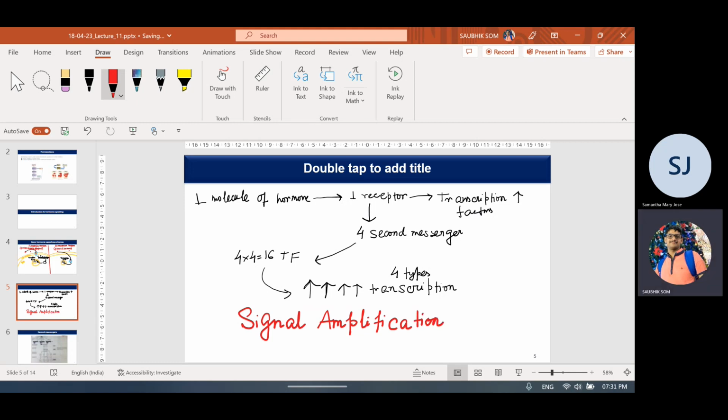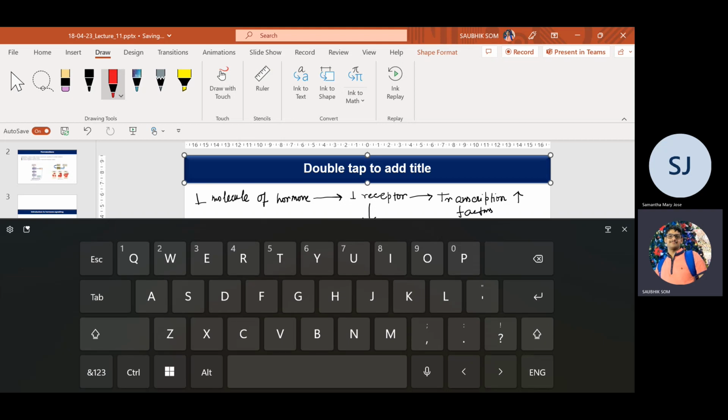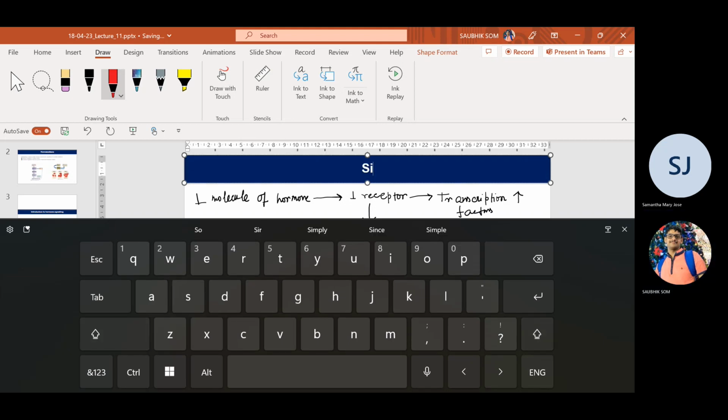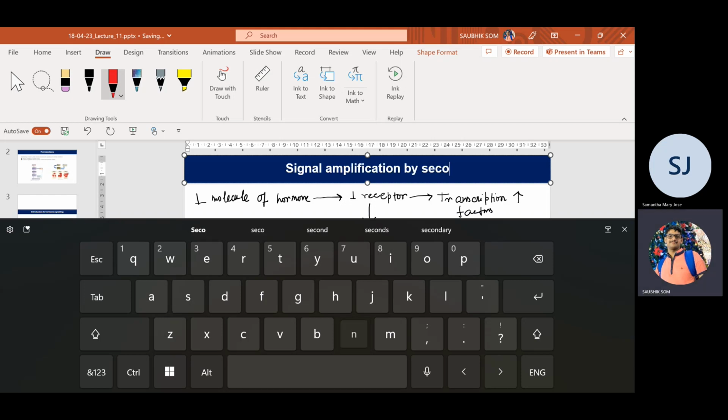So one molecule of hormone can then activate multiple transcription factors. That's why it amplifies the signal. That is something known as signal amplification, which is very important. Amplification by second messengers. Okay.